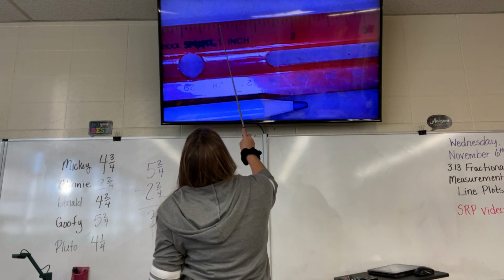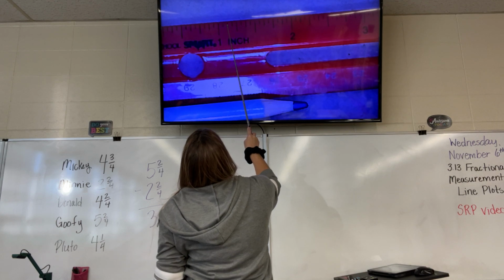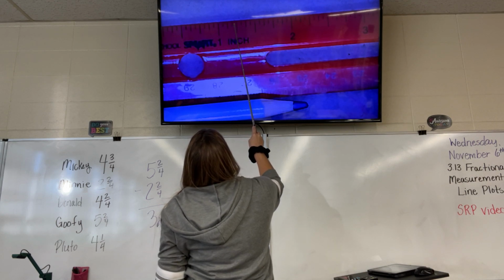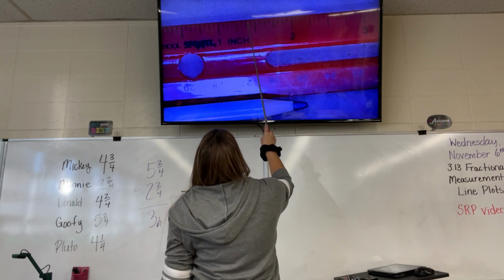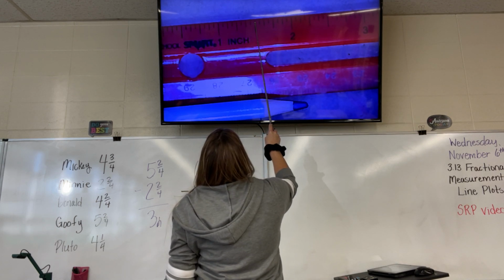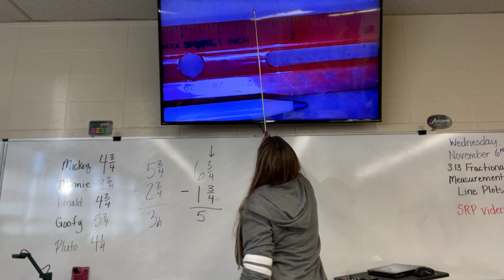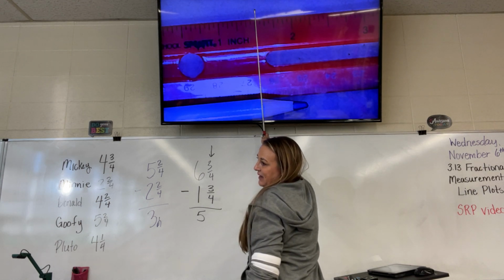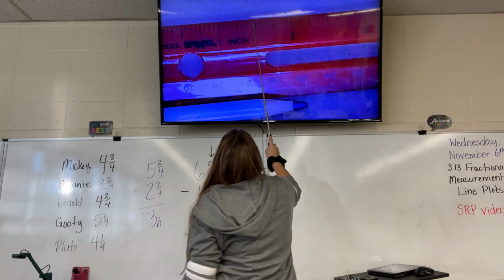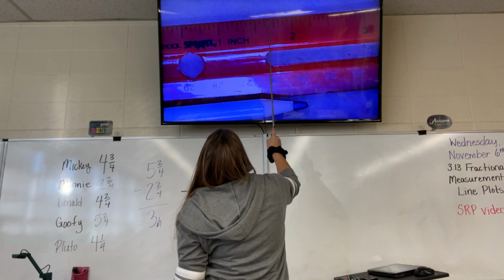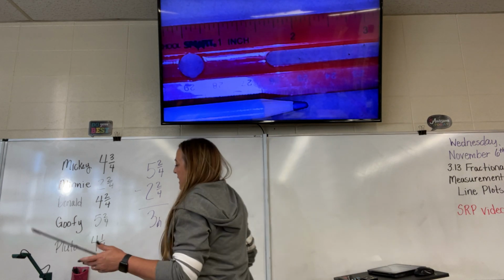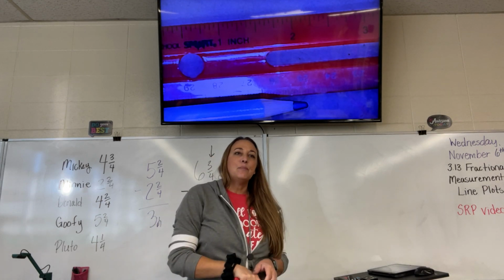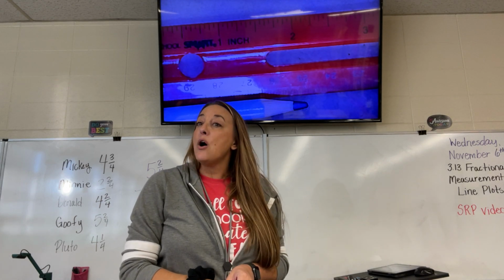So there's 1 space, 2 space, 3 space, 4 space, 5 space, 6 space, 7 space, 8 space, and that's right in the middle. So halfway is 8. The rest there's 9, 10, 11, 12, 13, 14, 15, 16. There's 16 parts. So we're not going to use all of the lines.